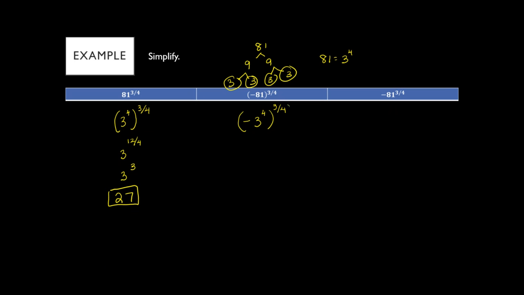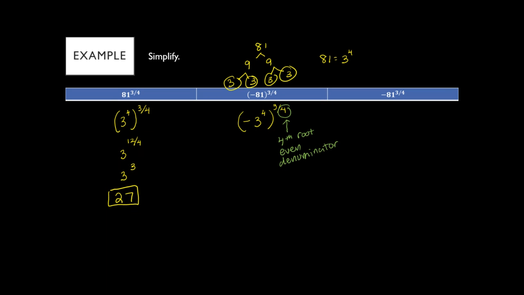So let me write that here. This is an even denominator, and even denominators cannot have negatives in there. So if you have a negative number to an even denominator for your rational exponent, basically, you can't get an answer.